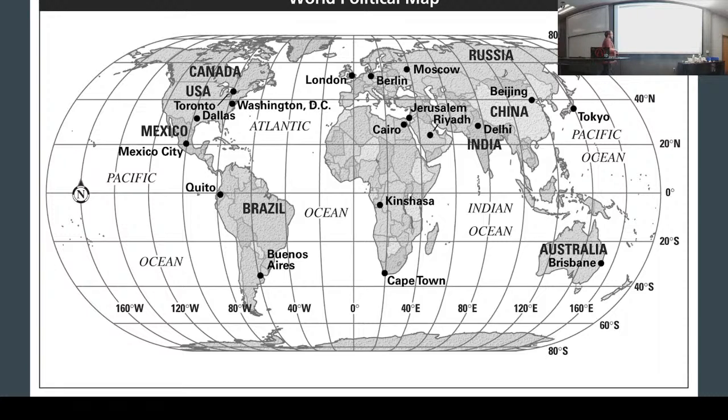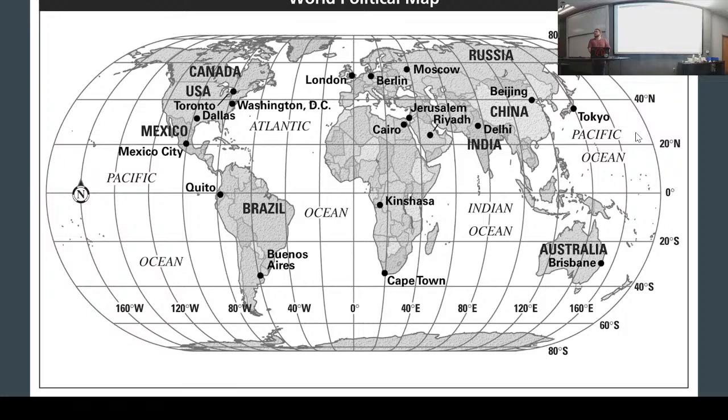So for example, we want to know the lat and long of, let's say, Delhi. What we're going to do is just estimate this because we can't really get down to the fine details with this type of map. So we know that Delhi is right around in here.